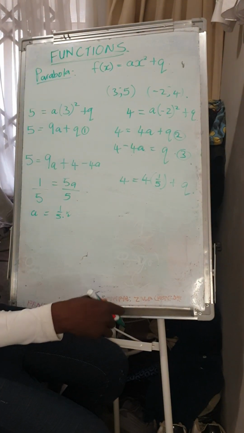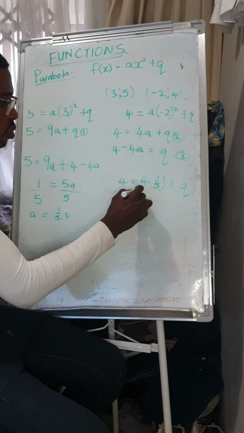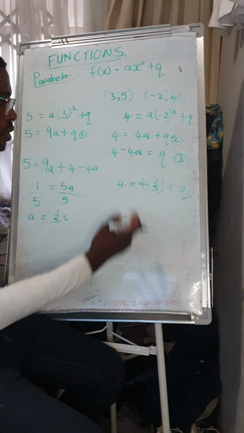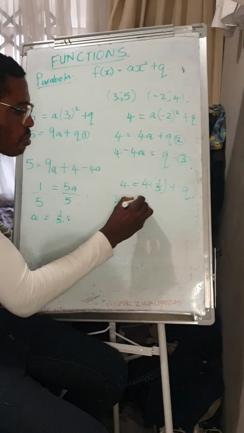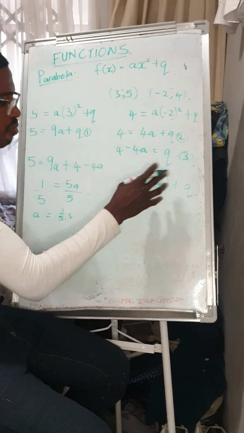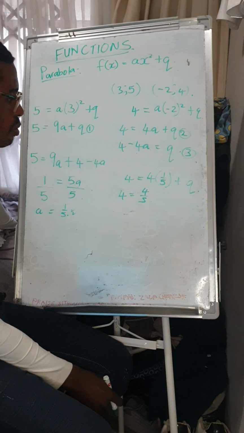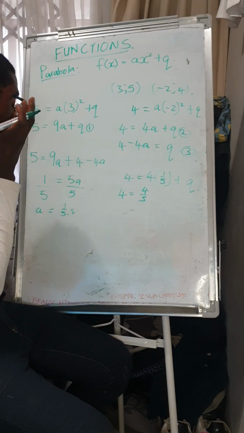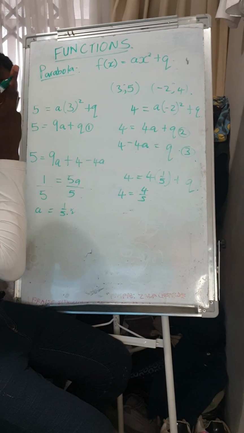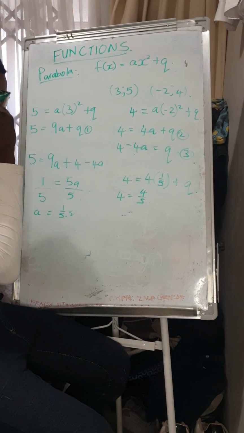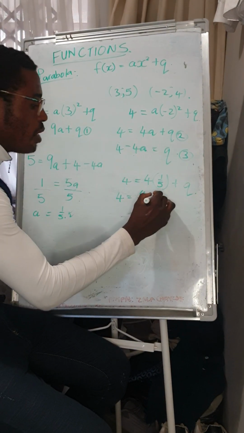So 4 times 1 over 5 is 4 over 5. That's what you're going to have here: 4 equals 4 over 5 plus q.